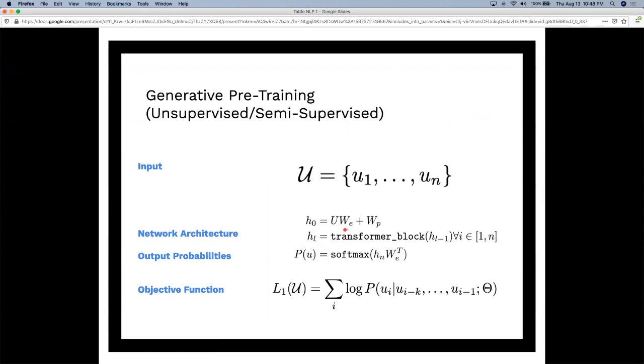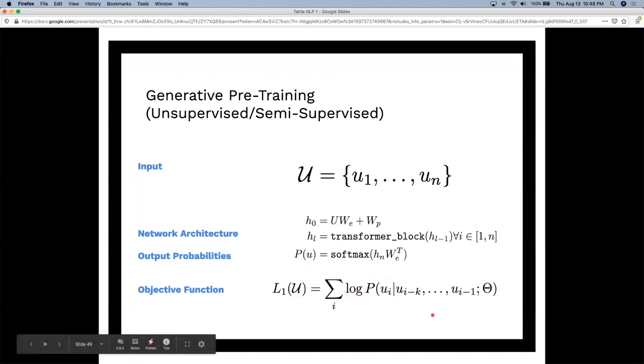The architecture is very straightforward. You get the embedding matrix, you get the position embedding, you add them up. Then you have your 12 transformers, pass all of them through transformers, and then apply a softmax layer of the size that you want, and that becomes your output probability.